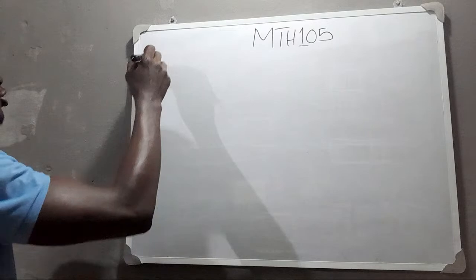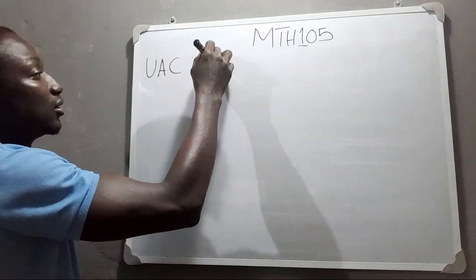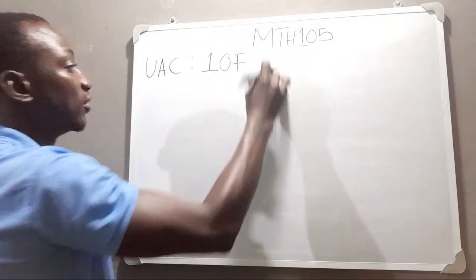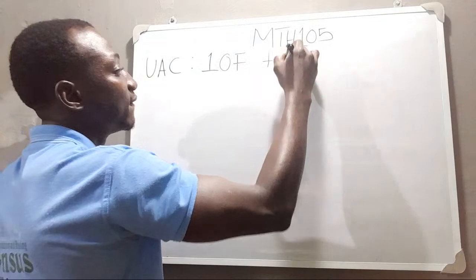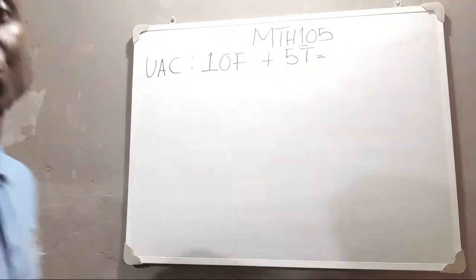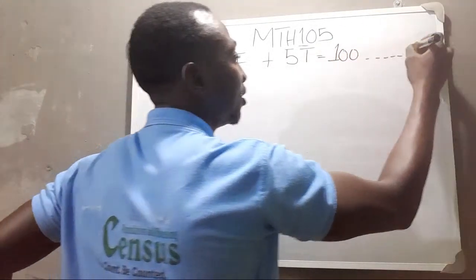So we have UAC: 10 bags of flour, which is 10F, plus 5 tins of butter. They use it to produce 100 wraps. This is equation 1.